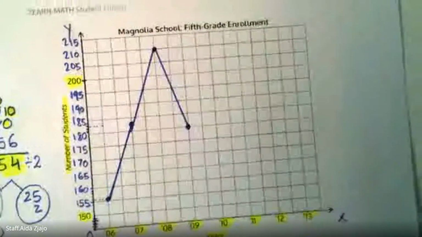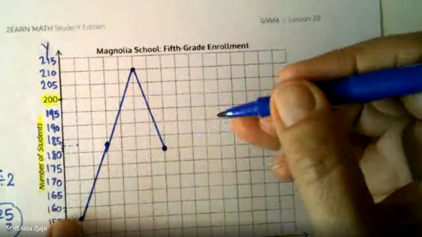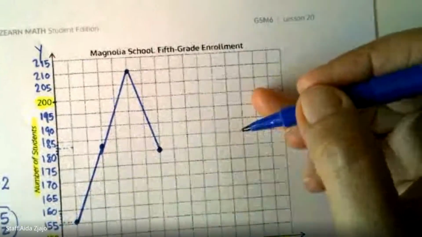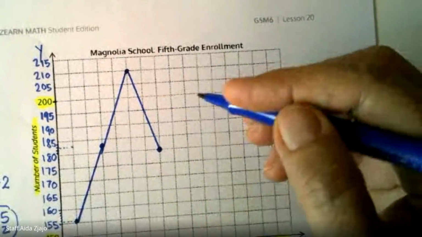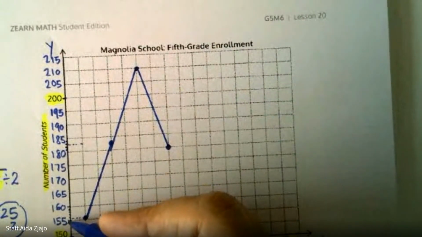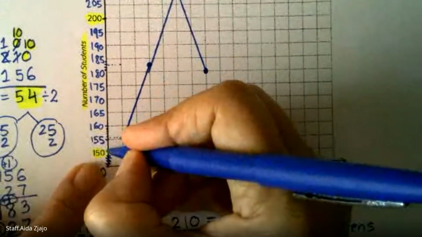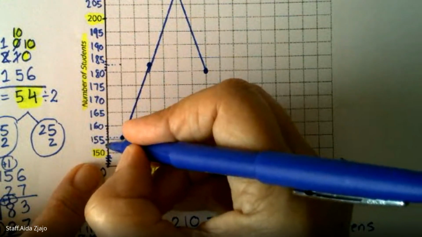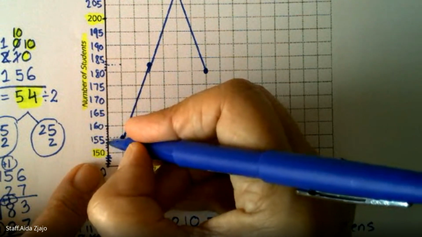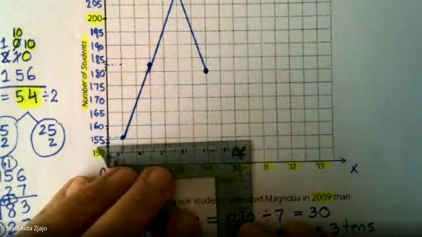So right now, from there, we need to go to 154. So 150, okay, 55. If I go 1, 2, 3, 4, here is 154. It's about right here.